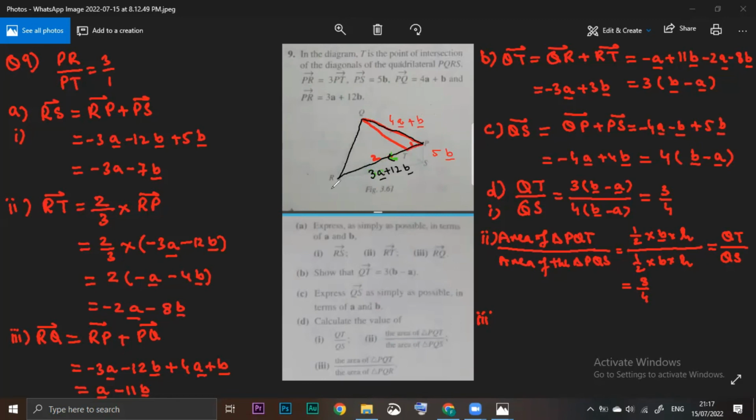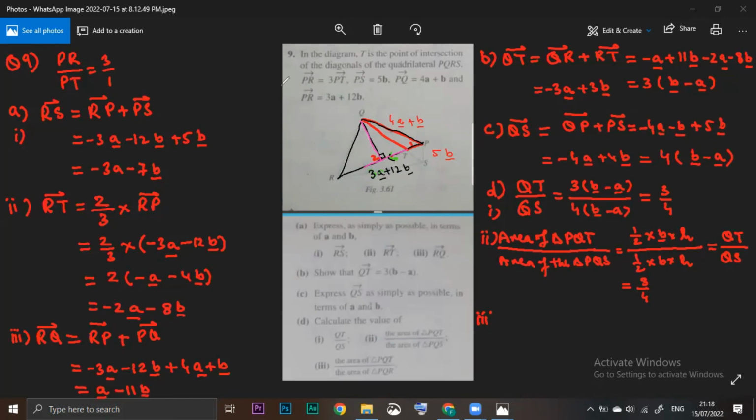If we take PR as the base, then the height of the triangle is this, from the opposite vertex. And if we take PT as the base, from the opposite vertex Q, first of all we will extend the side PT, and the perpendicular from the opposite vertex to the extended base is the same as the perpendicular from Q to the side PR.